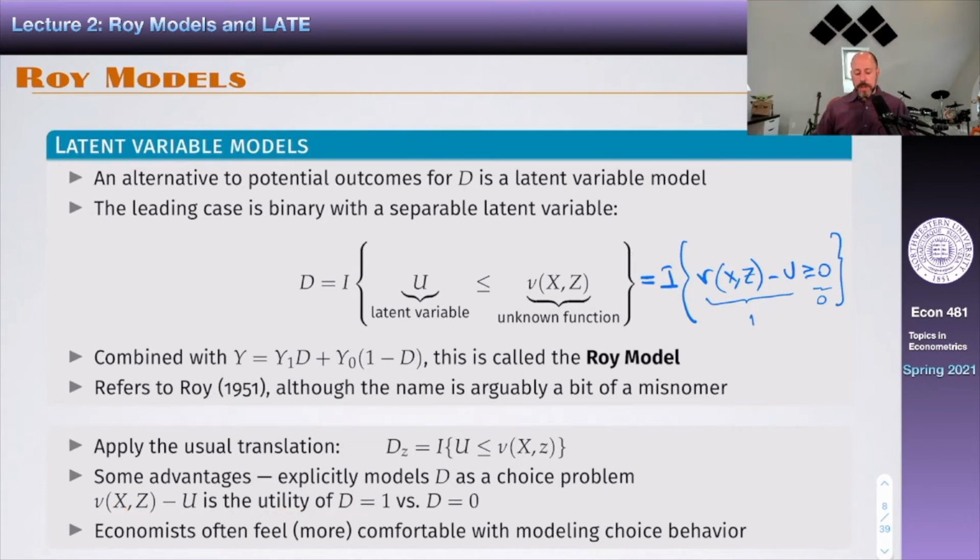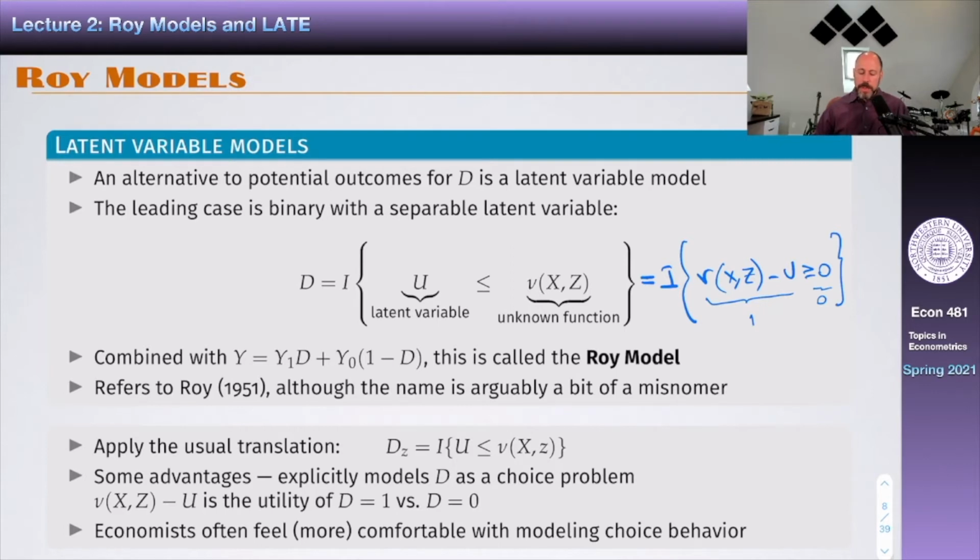And so this model sometimes is convenient when you're trying to model behavior of agents, okay? Because it puts a framework where you can think about what makes somebody go for this or go for that. And when we get to the fifth lecture in this section, we're going to be seeing how, for example, this translates to a way to think about how we can detect bias in decision making.